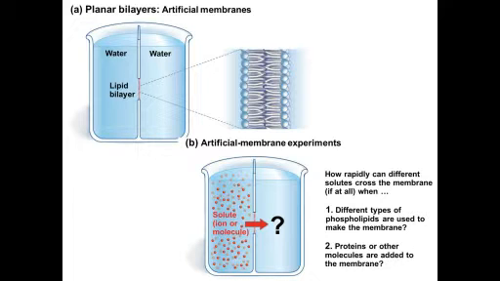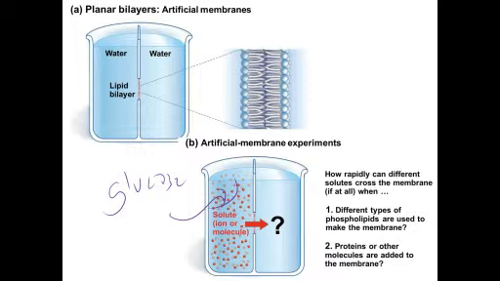Okay, so now we're going to start talking about transport mechanisms. Here you have a bilayer, and this bilayer is suspended between glass, separating two parts of the container with water. Now let's say that on one side of the container you add, let's not use salt, let's use glucose.